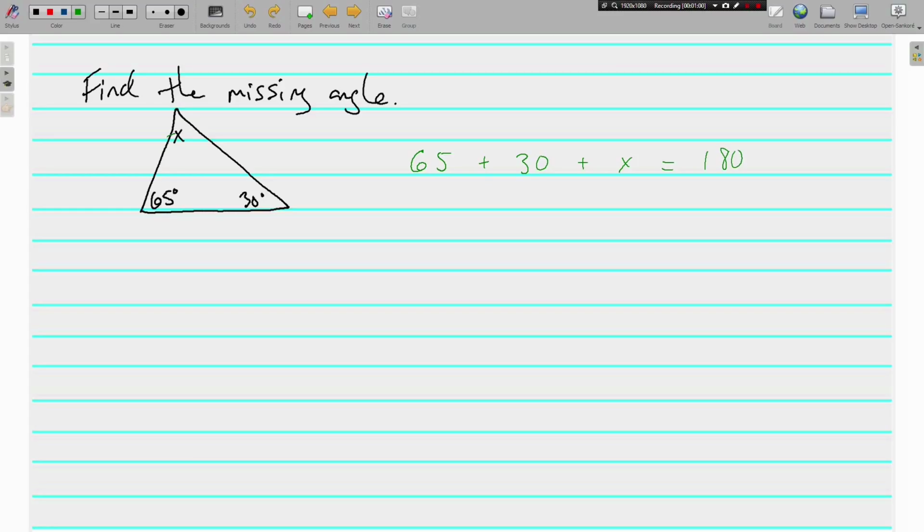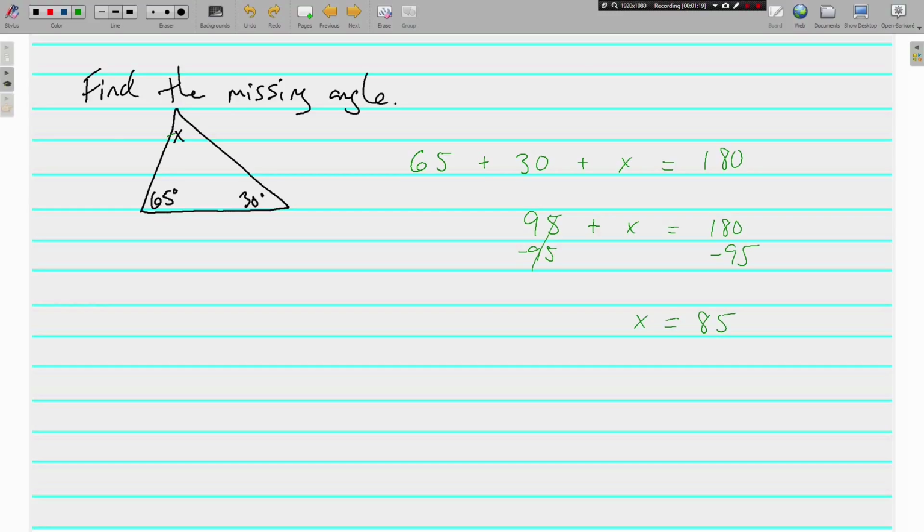When we solve, we'll combine our like terms. 65 and 30 is 95, plus x equals 180. Subtract 95 from both sides, and we get x is equal to 85.